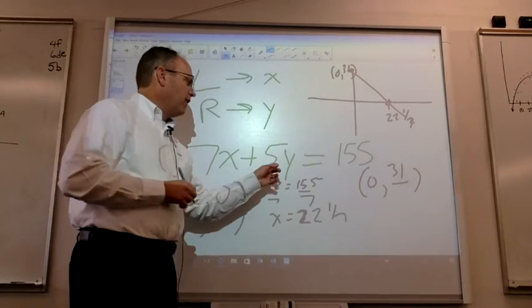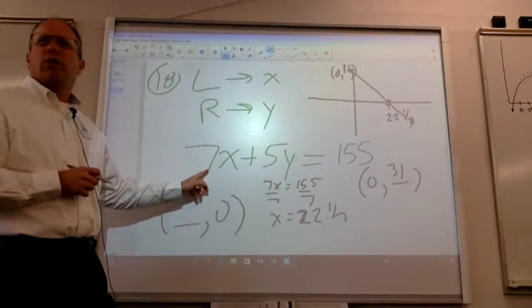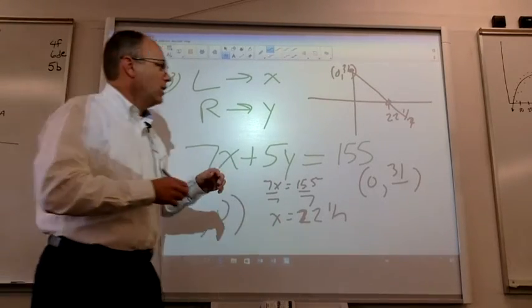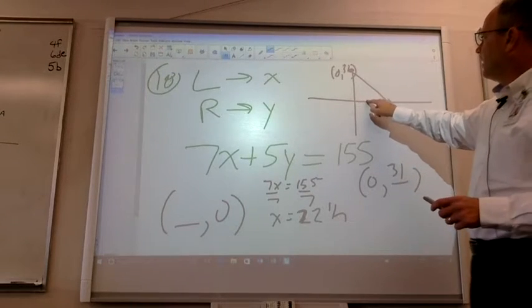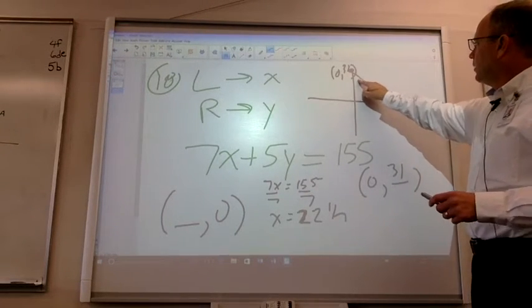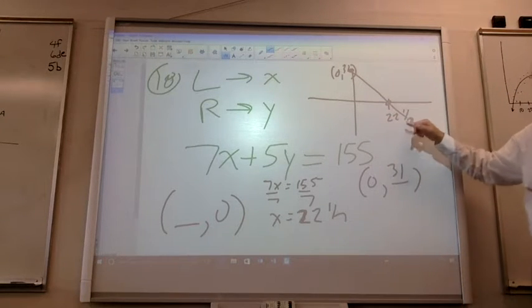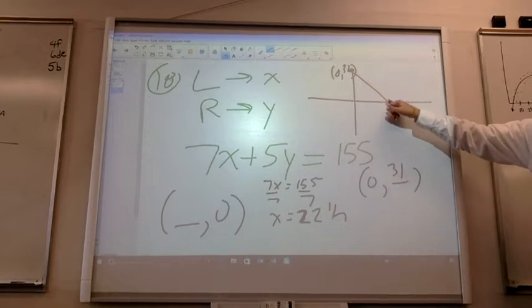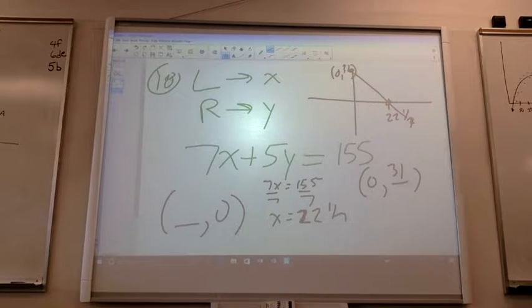So this 7 and 5, this doesn't represent how much the pizza cost. This represents that you ordered 7. So if you did some sort of combination of 7 and 5, somewhere in here would be some sort of price point. So what this means, if you were to order this context right here, 22 and a 7th, means that you could order 22 and 1/7 pizzas that would give you 155.